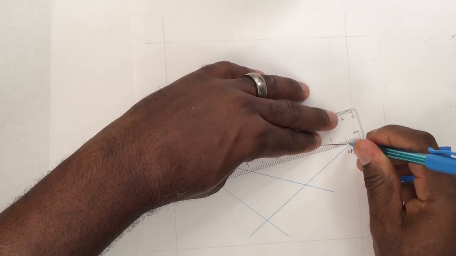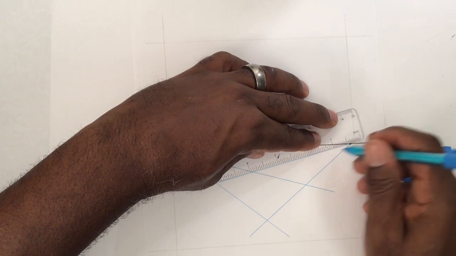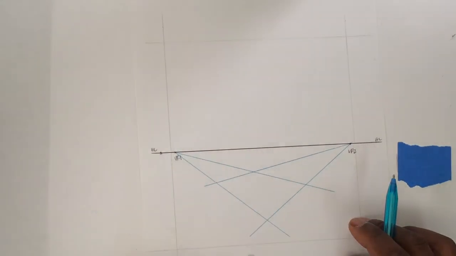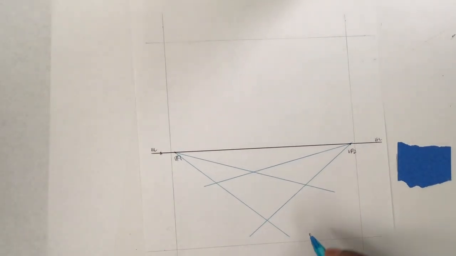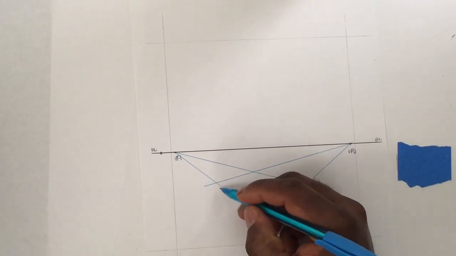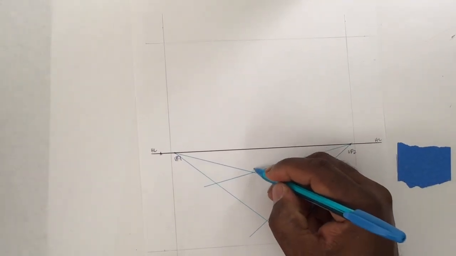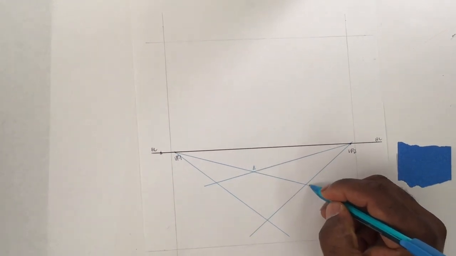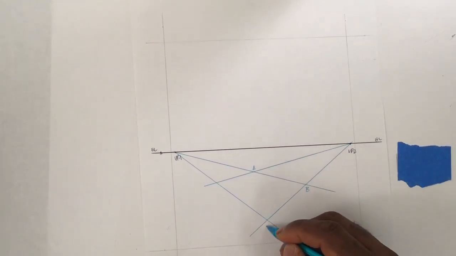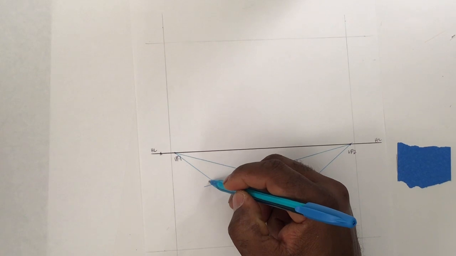So I'm going to go with a nice wide base, just like that. And again, I'm going to label it, and I'm going to go clockwise this time. So let's do A, B, C, and D right there.